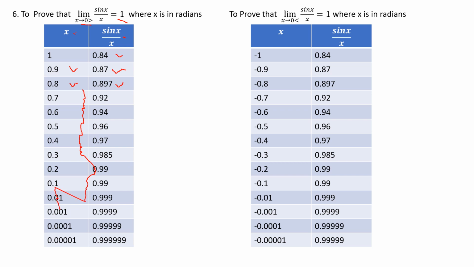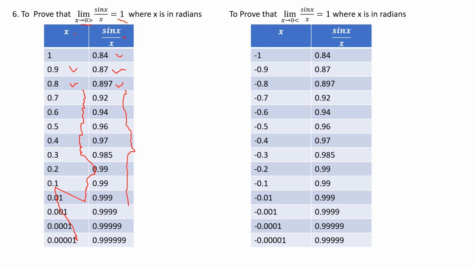up to 0.1, then sin x over x, you see how it also gives different values, 0.985.